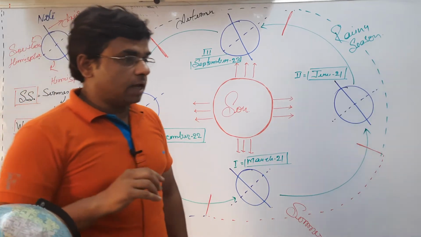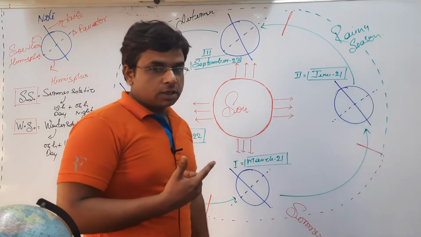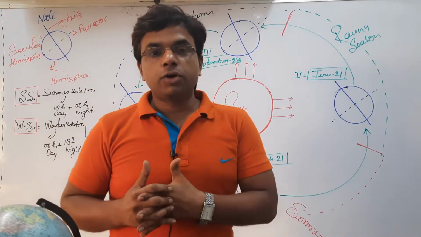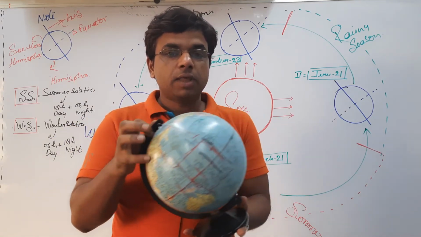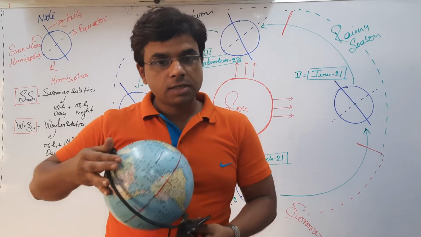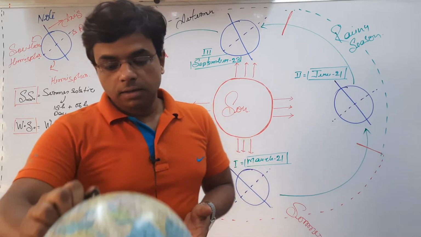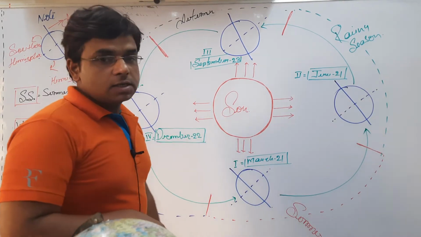before starting the lecture, theoretically I am explaining a demonstration, and in this demonstration you have to notice the decreasing and increasing distance of the pole from the sun and the direction of the sun rays.